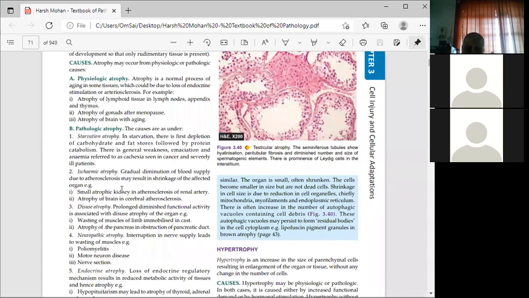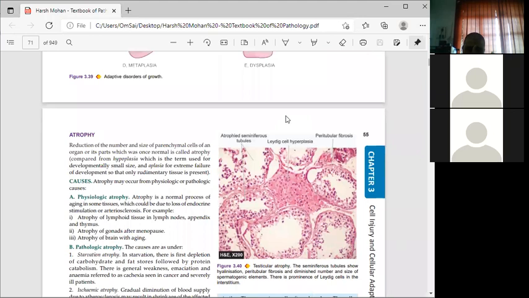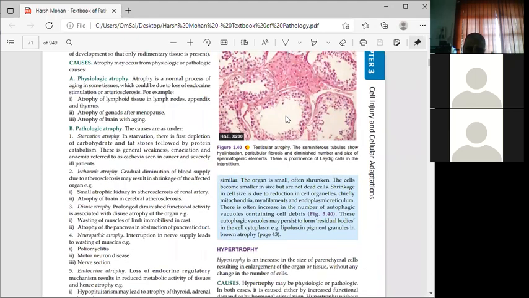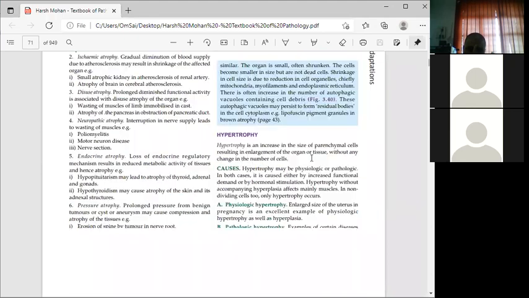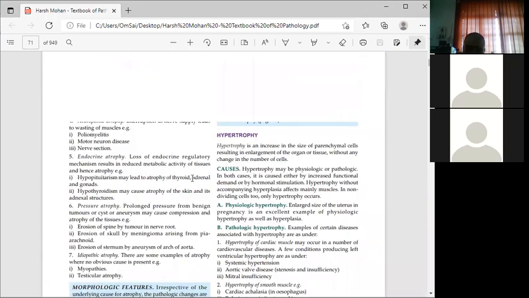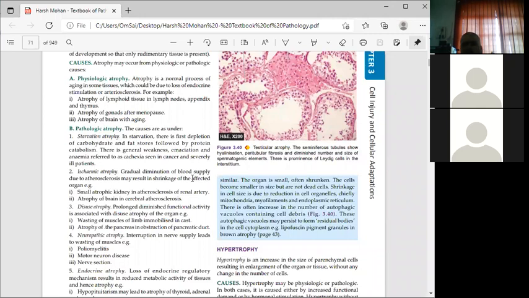Atrophy of testes is called testicular atrophy. Then these are the morphologic features, the pathologic changes occurring. The diagram is for testicular atrophy.